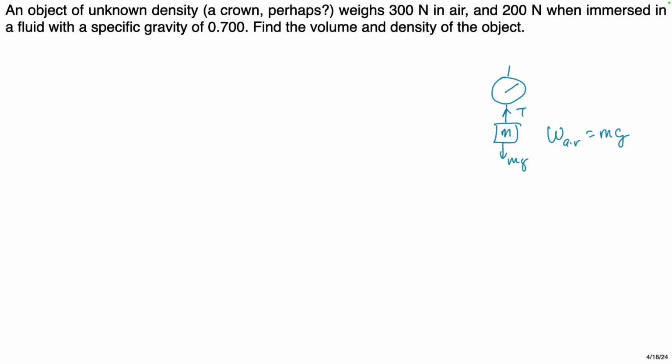But if we weigh something in a fluid, there's going to be that tension acting upwards and that gravity acting down. But now that it's surrounded by the fluid, the water, we're going to have this extra buoyant force that's acting up on it.